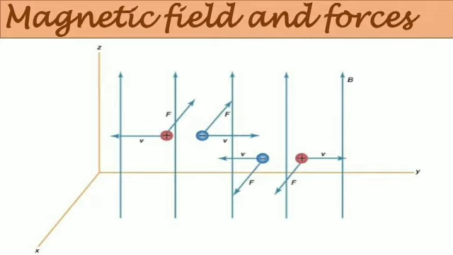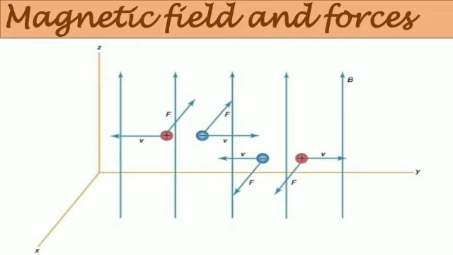Fine. Now, depending on the initial orientation of the particle velocity to the magnetic field, charges having constant speed in a uniform magnetic field will follow a circular or helical path.